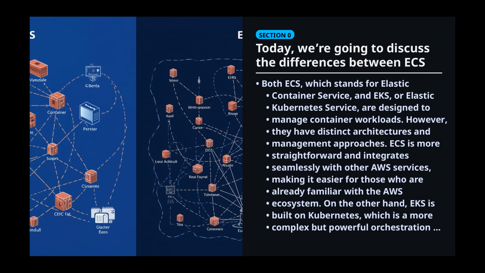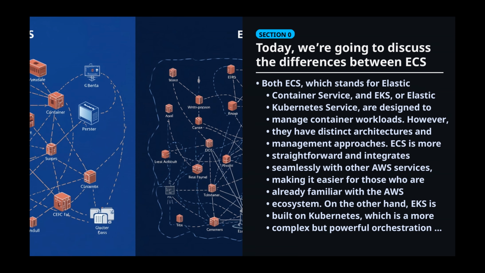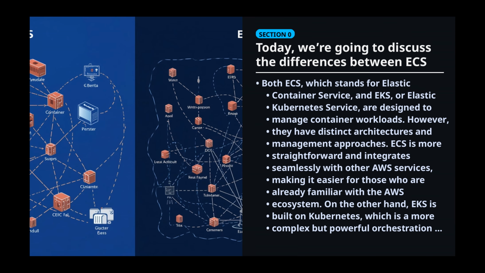Both ECS, which stands for Elastic Container Service, and EKS, or Elastic Kubernetes Service, are designed to manage container workloads. However, they have distinct architectures and management approaches. ECS is more straightforward and integrates seamlessly with other AWS services, making it easier for those who are already familiar with the AWS ecosystem.